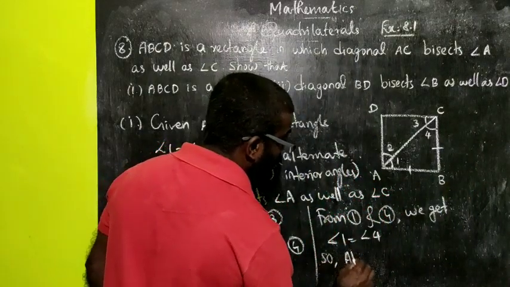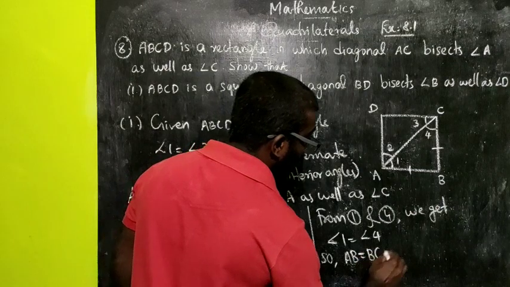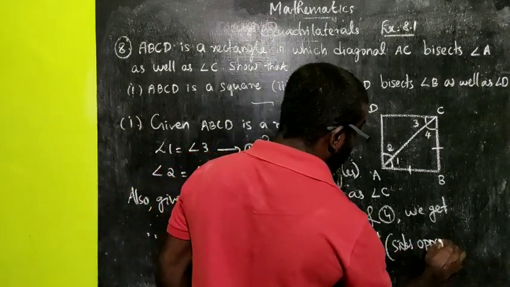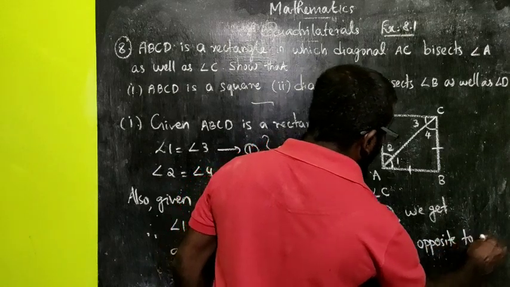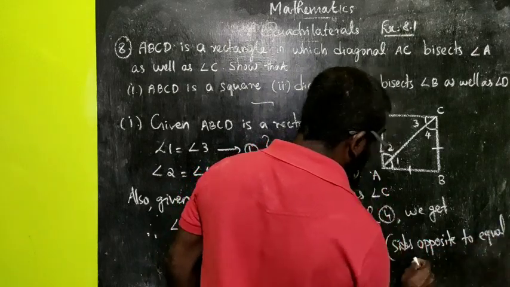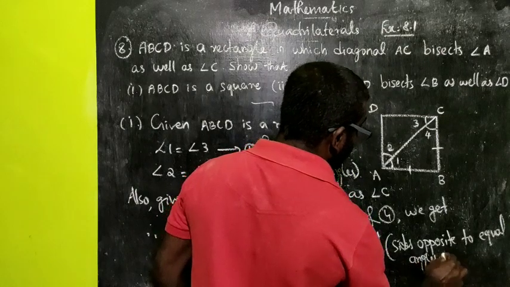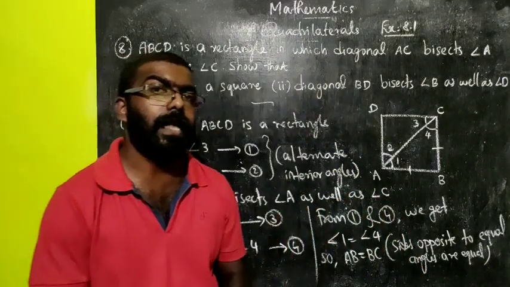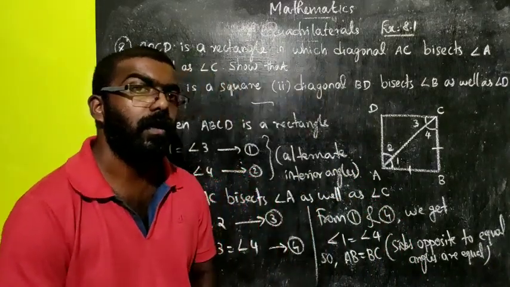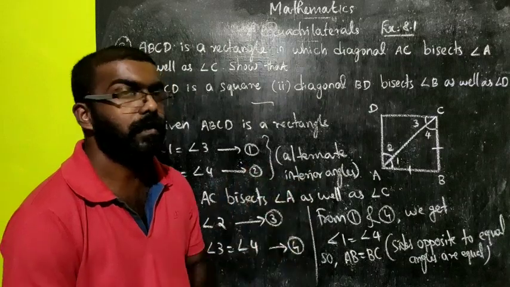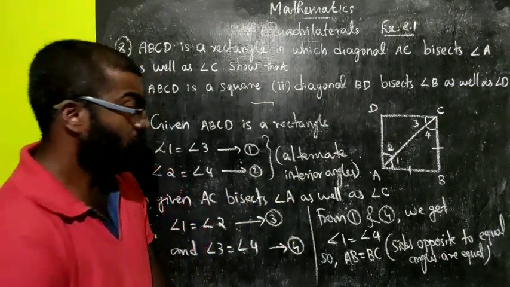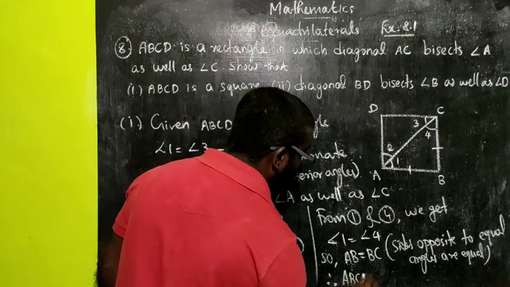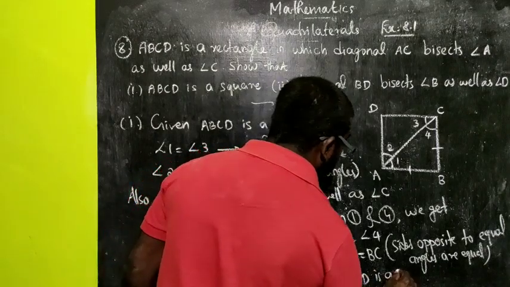Reason, sides opposite to equal angles are equal. Now we got the adjacent sides are equal. So finally we can conclude it is a square. ABCD is a square.